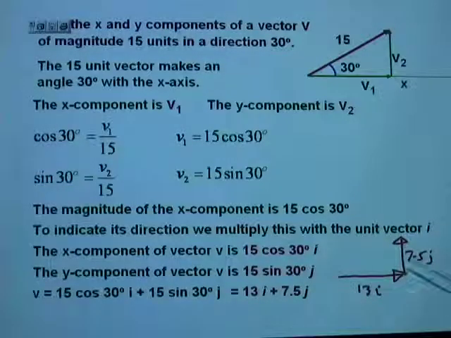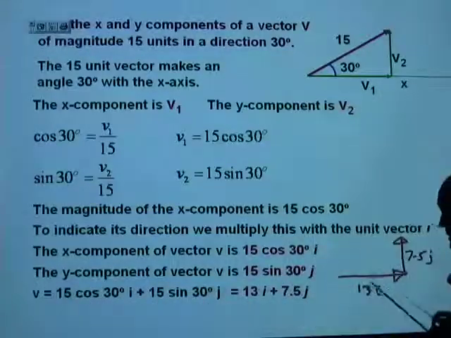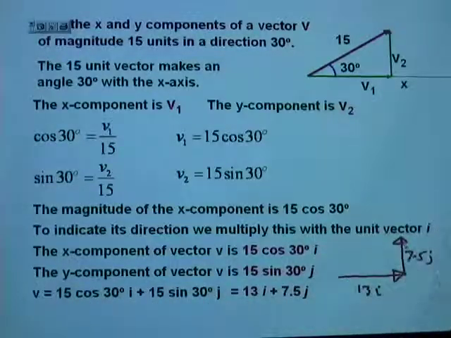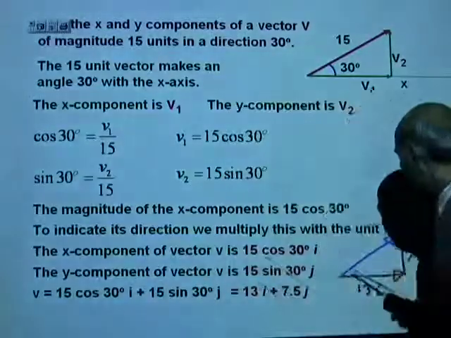So this is the x component, this is the y component, and if you add these two, you get the vector v. And what is that vector v? The vector v is joining the vector like this. Now, you see, a vector has a tail and a head.